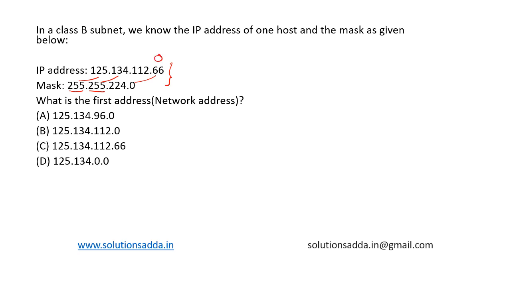So ideally the IP address would be as follows: 125.134, this would be the missing value which we have to find, dot 0. This would be the first IP address. So the third octet is the one which we have to find out. So right now itself we can eliminate option C.